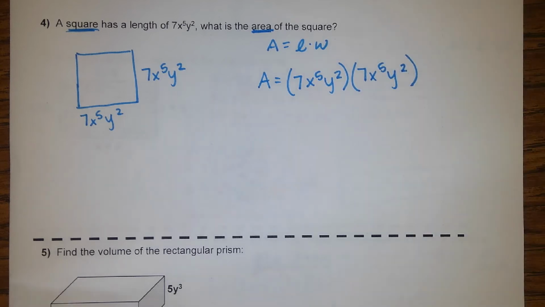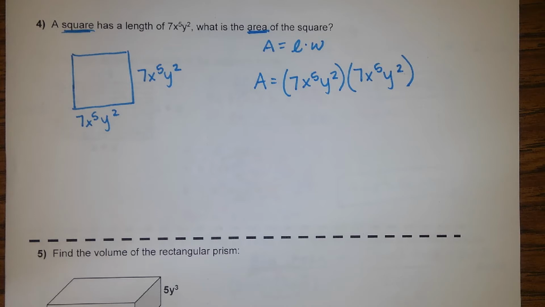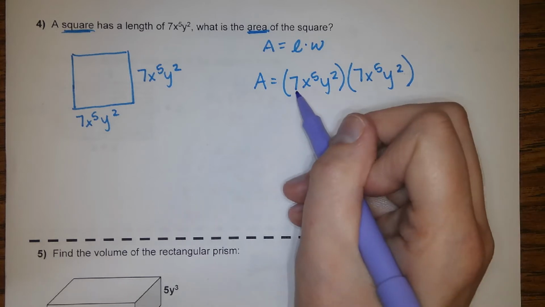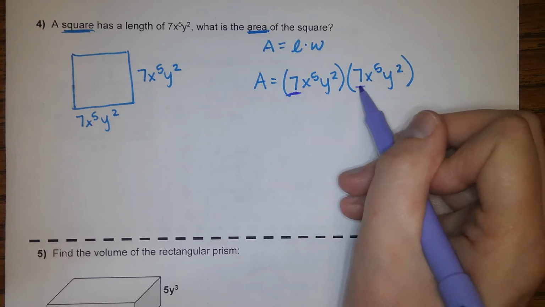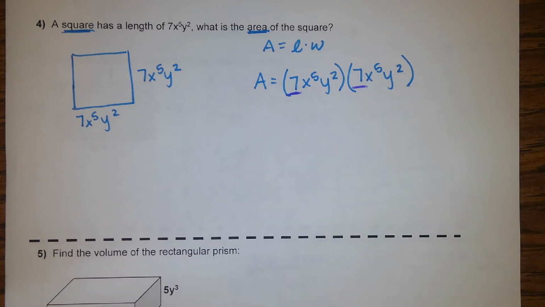And what we are going to be doing is using those exponent rules, okay? And so we see we are going to be multiplying that 7 times our 7, all right?